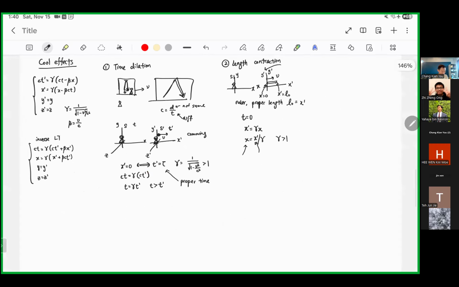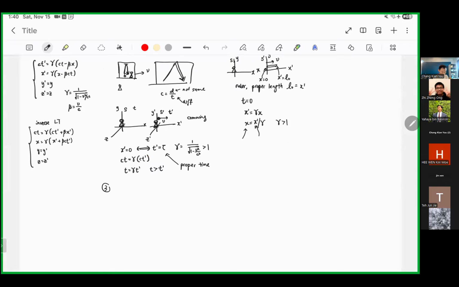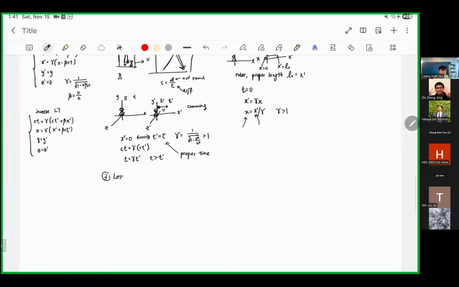One of the consequences after time dilation and length contraction, which you've probably heard of too, is the loss of simultaneity.